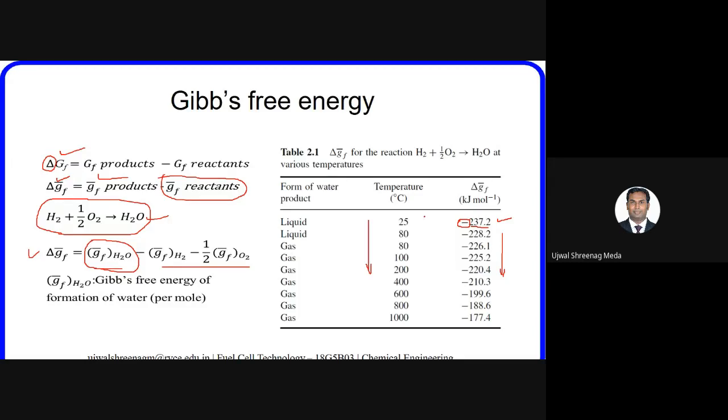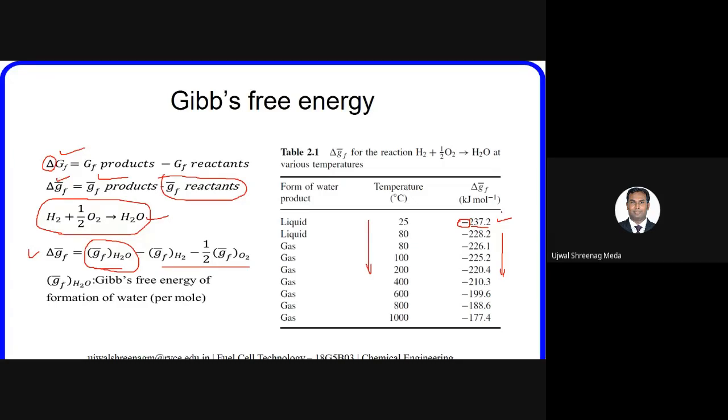And this is dependent on temperature. With increase in temperature, the change in Gibbs free energy of formation of water decreases. Looking at this, the negative sign speaks about release of energy, so it is the number that matters.